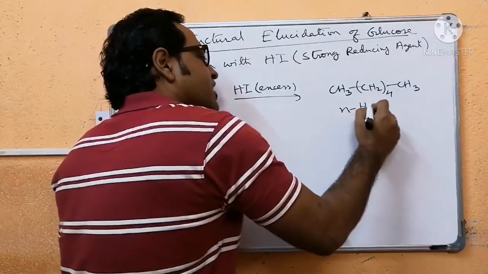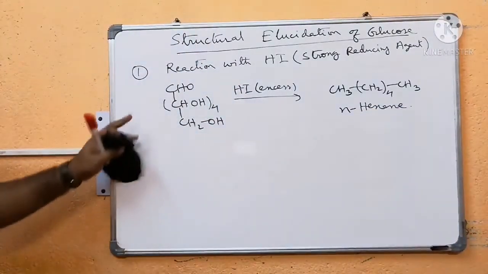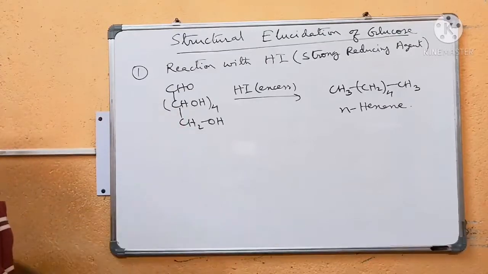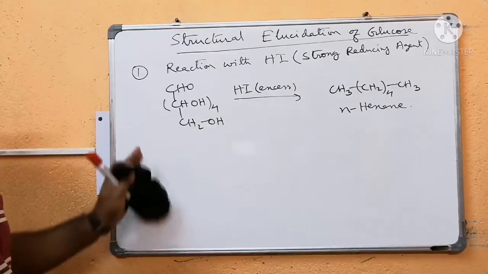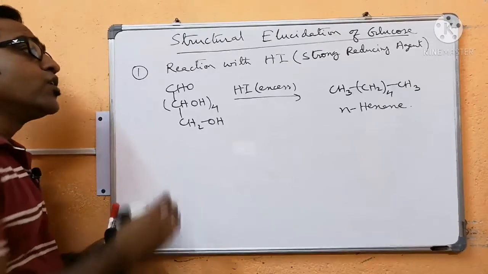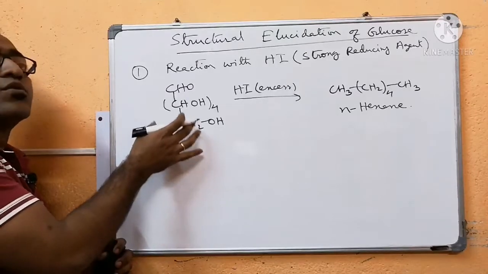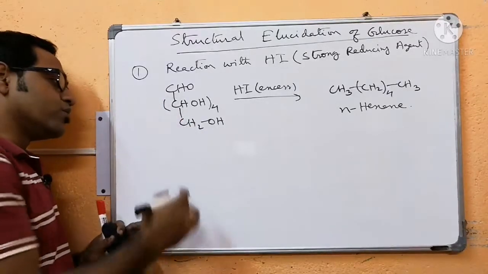This is N-hexane. So upon reduction of glucose with HI, we get N-hexane. N-hexane means there is no branching. It's a straight chain compound. So from this reaction, we can suggest that glucose is a straight chain compound.